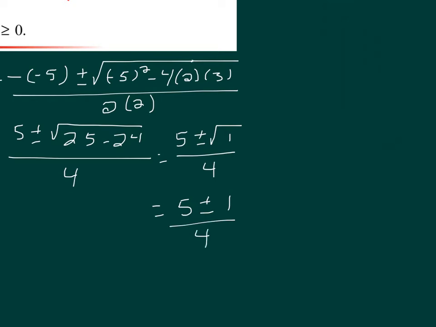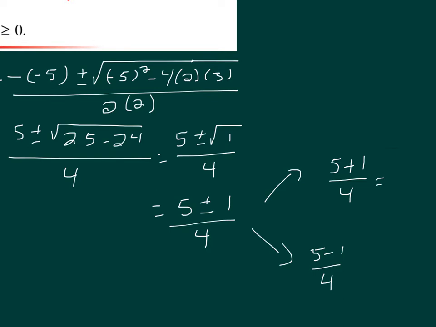Now, if that was a non-perfect square, I'd want to simplify the radical as much as I could, but this one works out. So because I have two numbers here that can be combined, I'm going to split this up into the two different solutions, which is negative 5 plus 1 over 4 and negative 5 minus 1 over 4. That's what the plus or minus really means.